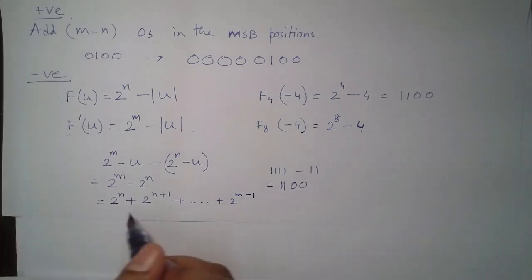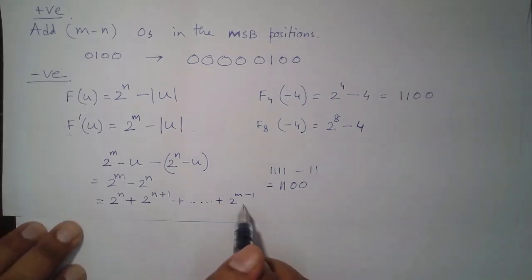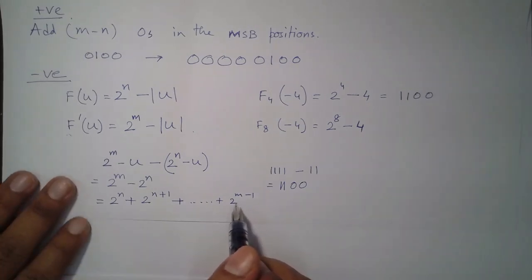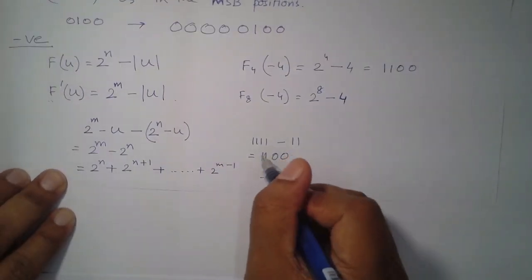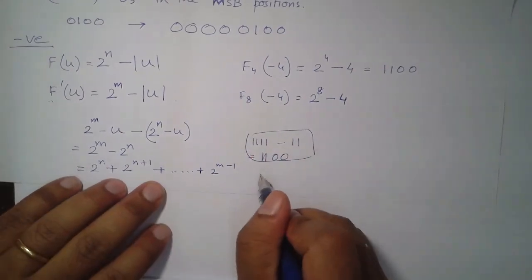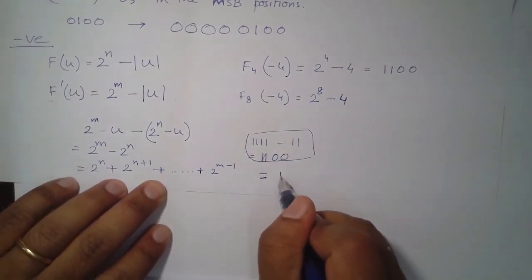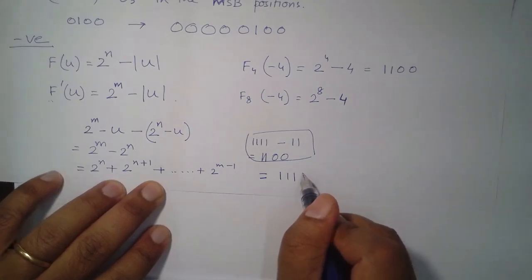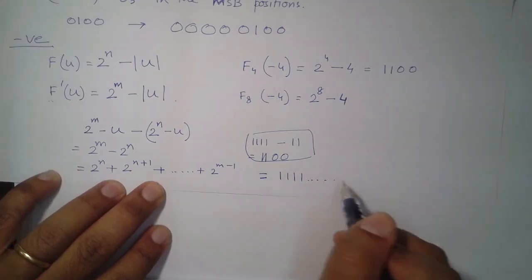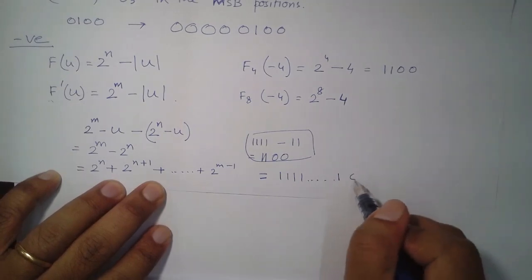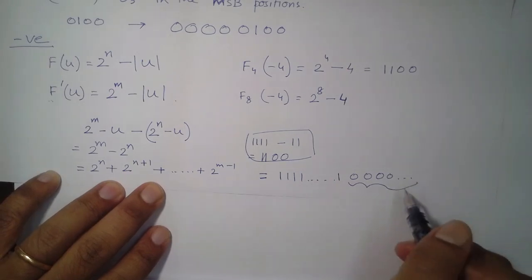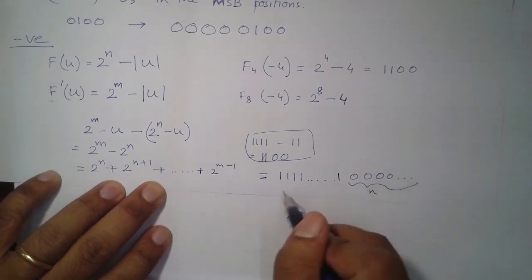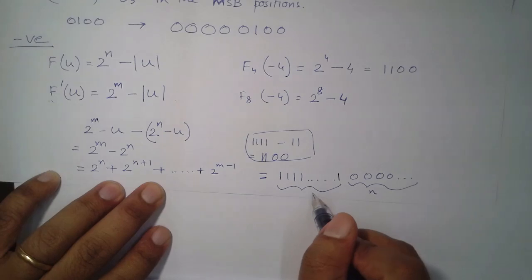So basically you will have all ones till 2 to the power m minus 1. So it can be also represented as 1 1 1 1 and so on, and then 0 0 0 0 and so on. So here the number of zeros are n and number of ones are m minus n.